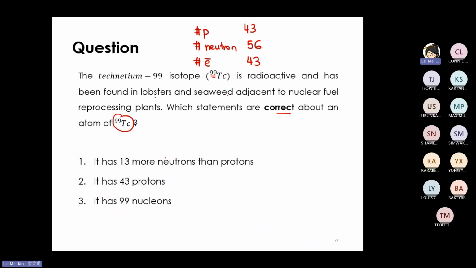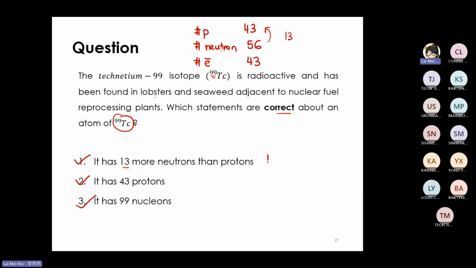Then we can continue answering. It has 13 more neutrons than protons. Is it correct? Compare neutron and proton: neutron is 13 more than proton. Correct. It has 43 protons. It has 99 nucleons. Correct.